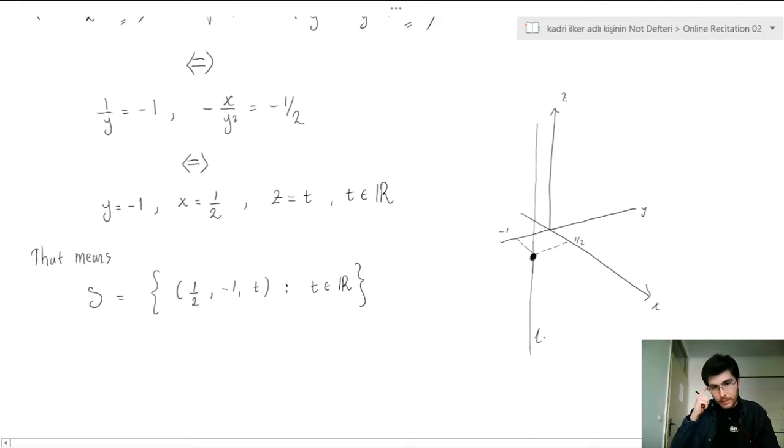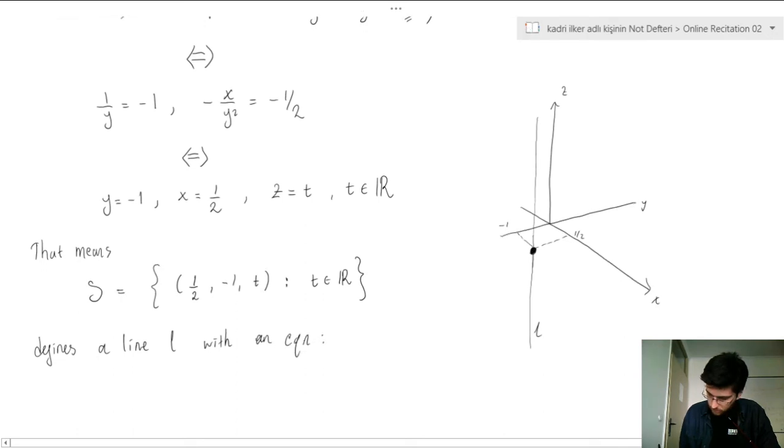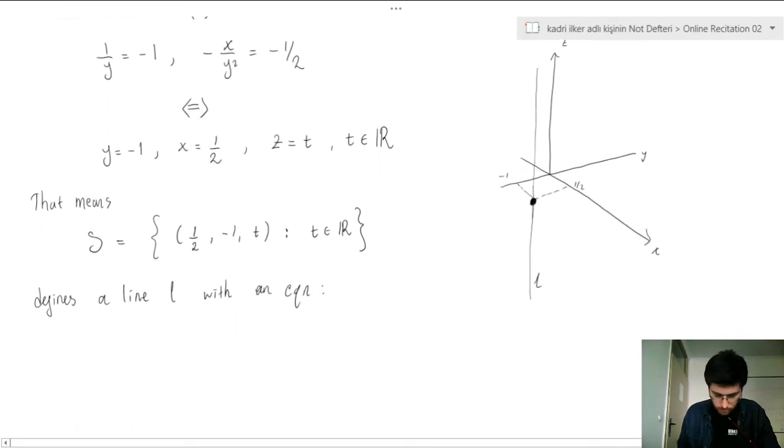Okay, this is exactly the set S, which defines a line L with the equation. You should remember how to give the equation of a line, and this is exactly something like this.